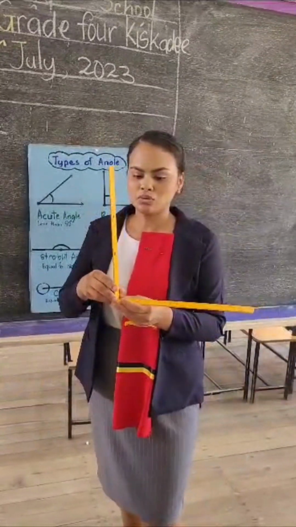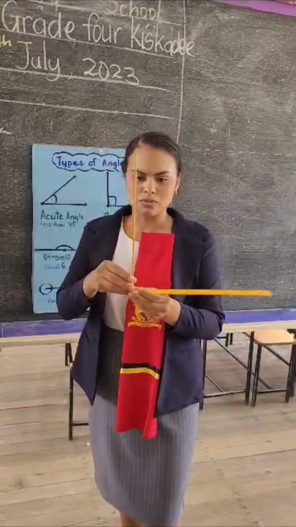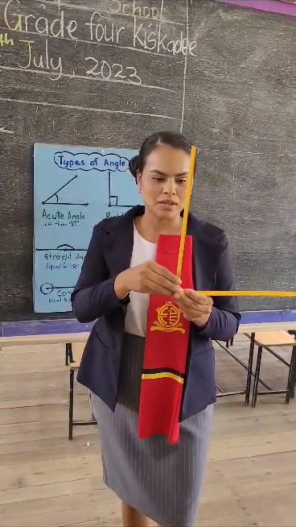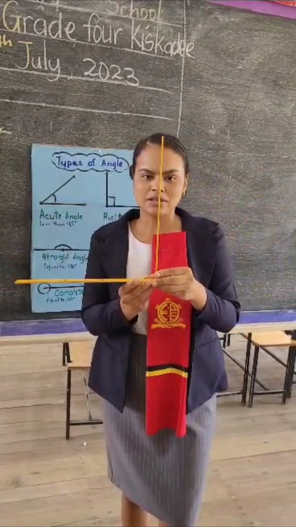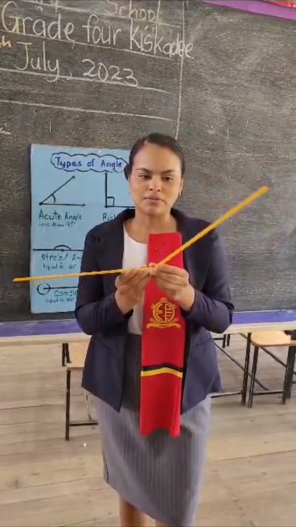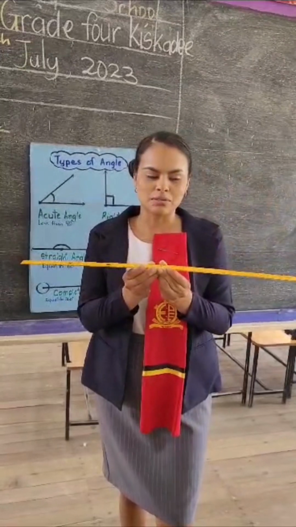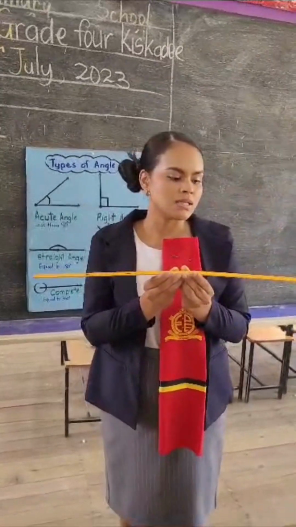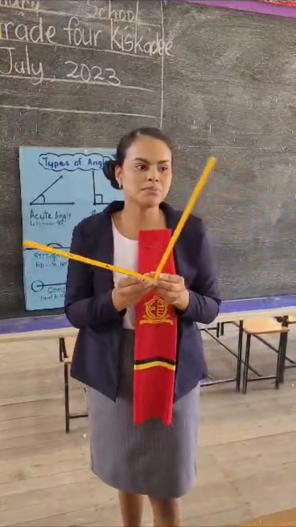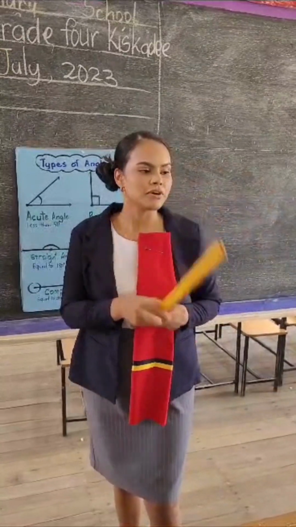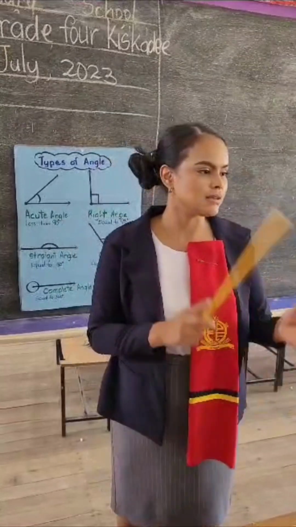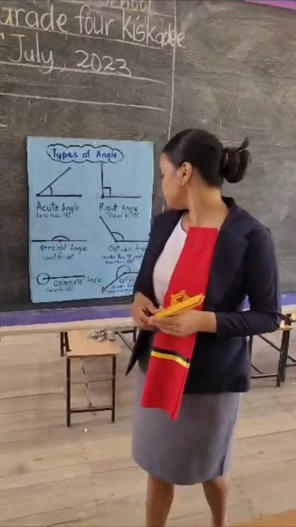If you have two 90-degree angles, one like this, and the other one facing this way, right? So if you have these two on a flat line, they will add up to 180 degrees because 90 plus 90 is, very good, 180. Alright, good.